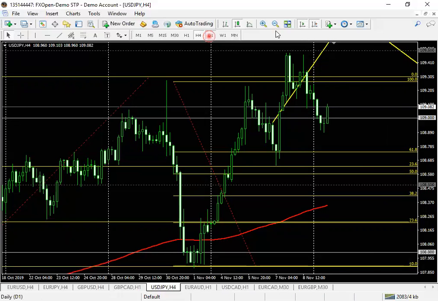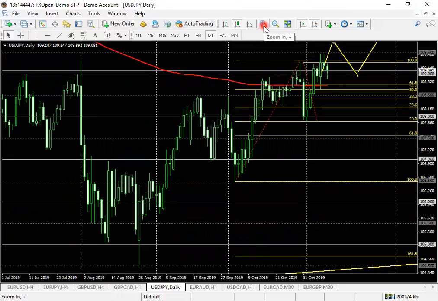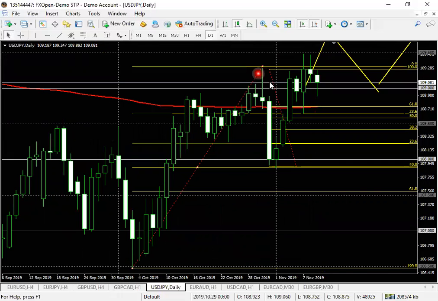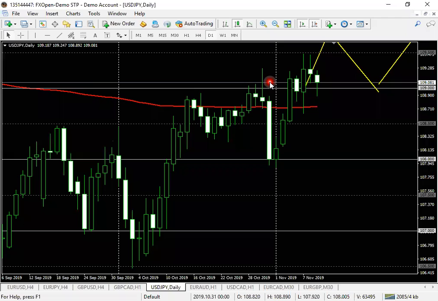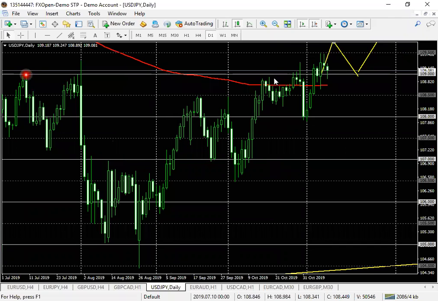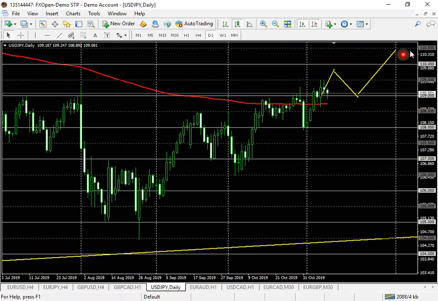So if you go to the daily time frame, let's remove the Fibonacci so you can have a clearer picture. By removing the Fibonacci, you can see this previous market structure, this high over here. I was hoping for the market to break above, and we're expecting the market to reject at 109.00 before we take the market going low to at least, I think it was 110 even, and about 110.50.